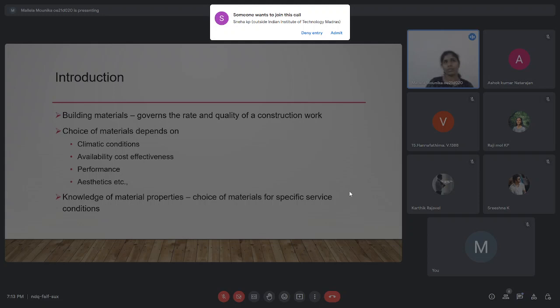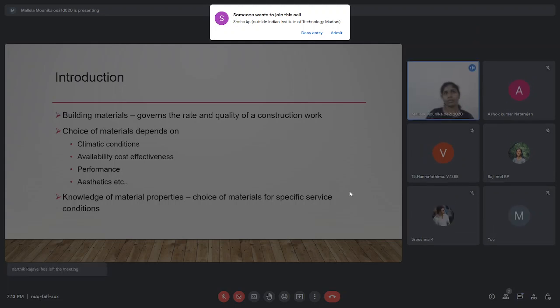The transport charges will be high, and then the cost effectiveness will go down. Even if a material has very high cost effectiveness, but it is not available at the particular location, then because of the transport charges, the cost effectiveness will go down. So you have to consider that aspect also.